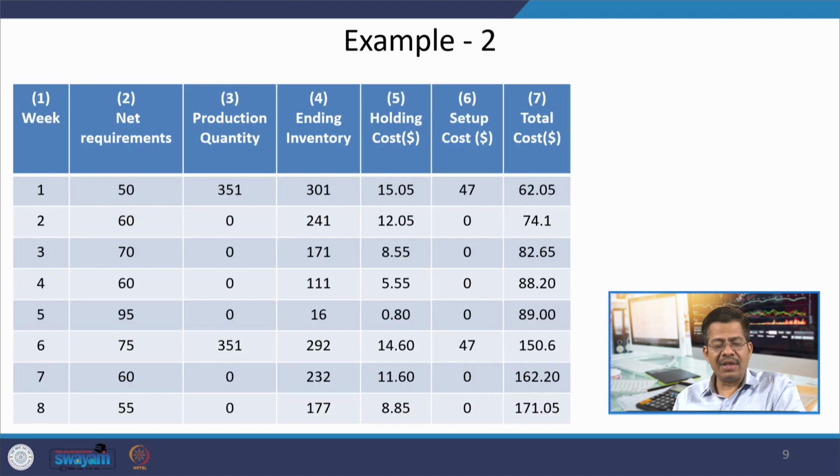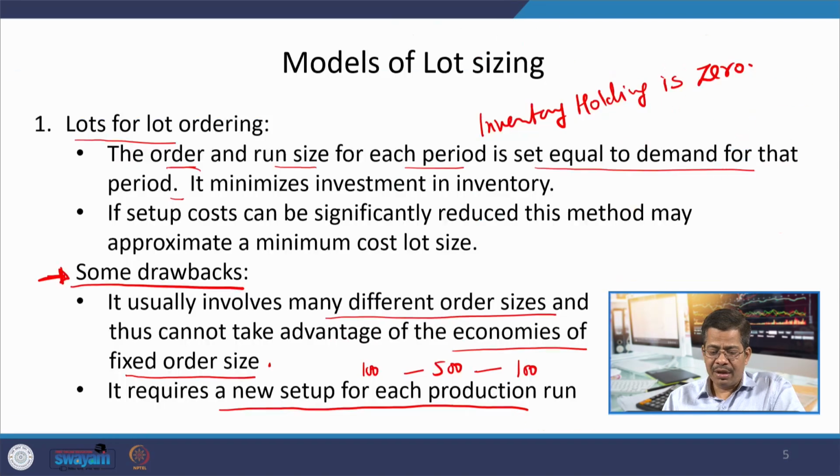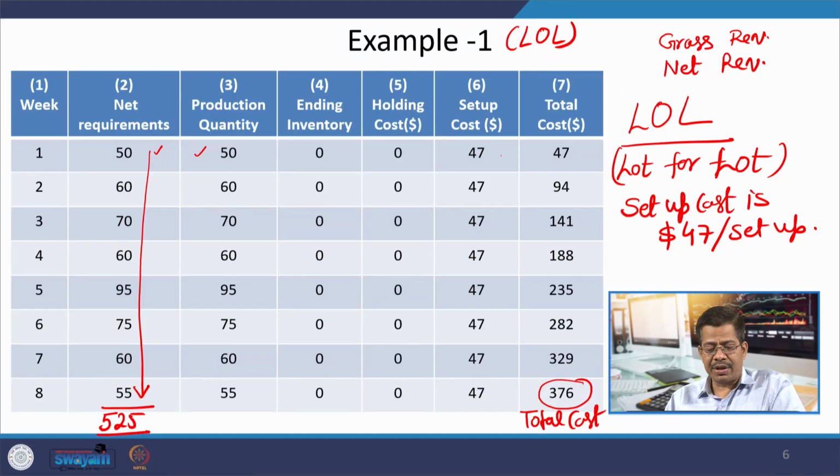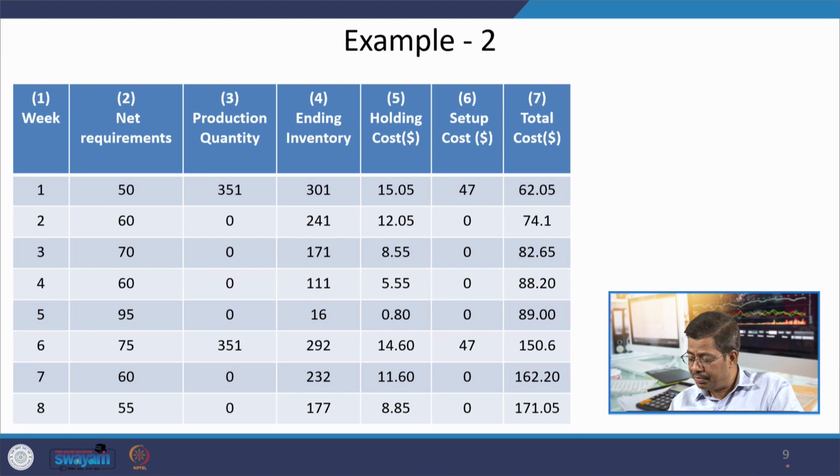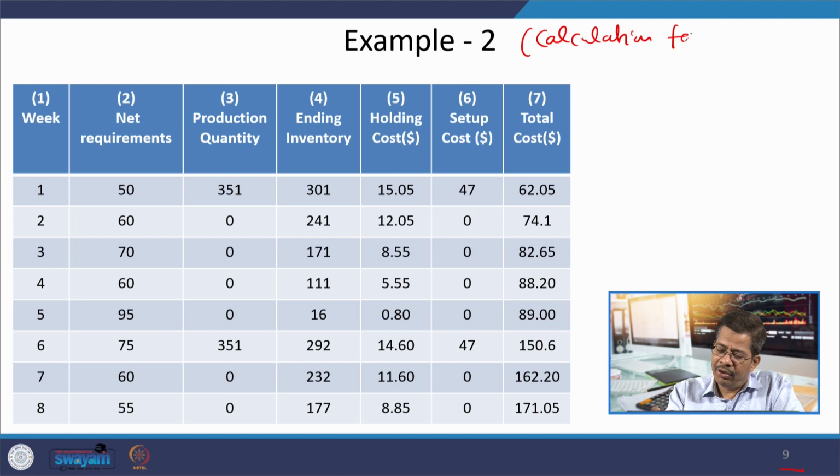So, you see this particular table, which is a revised calculation of the earlier one where we had LOL on slide number 6, and now on slide number 9 this is the calculation for EOQ lot size, and EOQ is equal to 351.